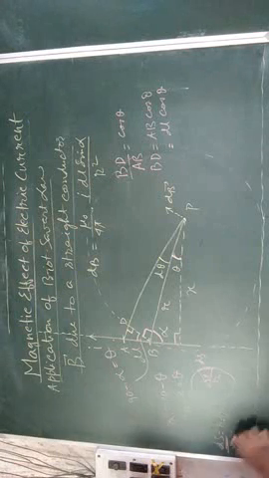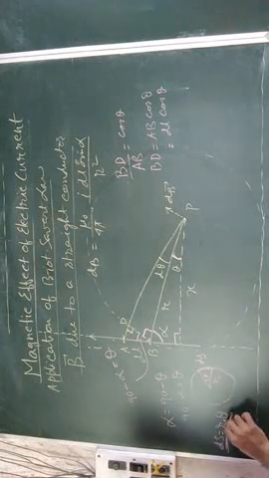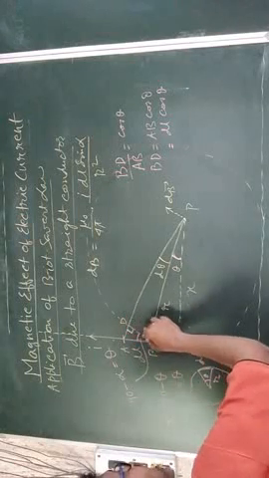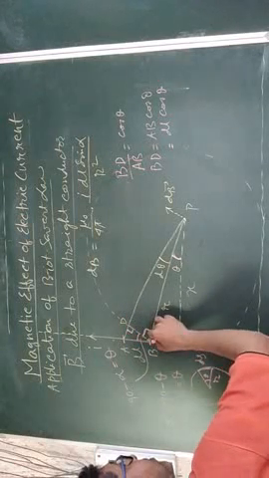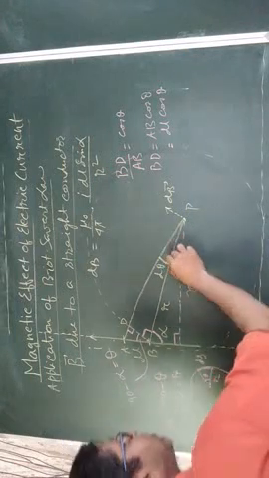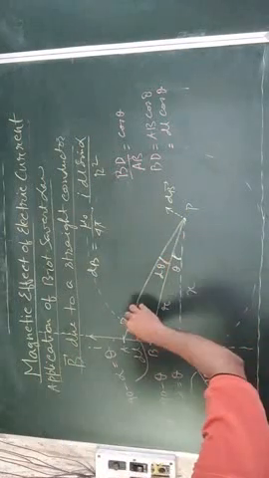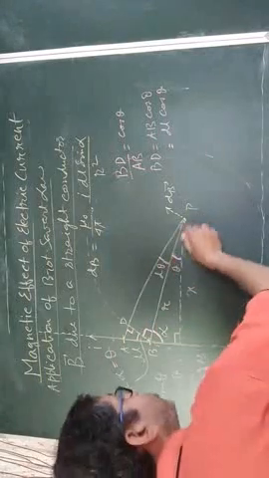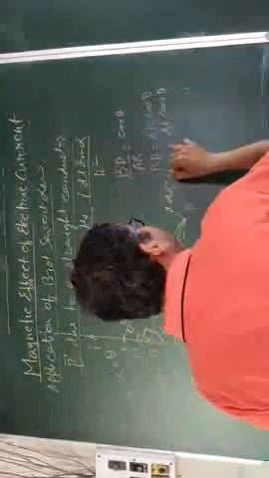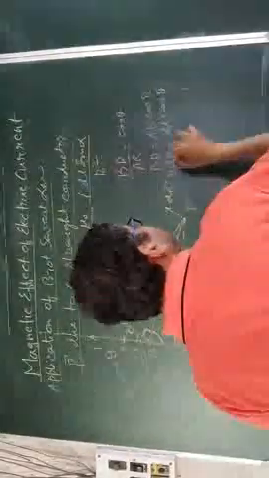Linear displacement is equal to angular displacement into radius. So in this case, this is the linear displacement, this is the radius, and this is the angular displacement. So BD is also equal to r d theta.